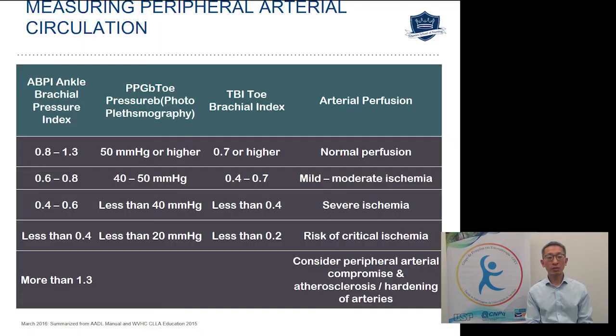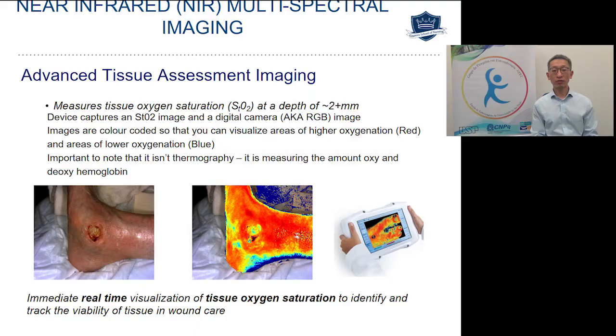This is a summary table to indicate the reference values for the ankle brachial pressure index versus the toe pressure index. And usually we prefer to see a value for toe pressure from 0.4 to 0.7 to suggest enough blood flow for healing. And of course, other types of skin perfusion scanning are available to us.